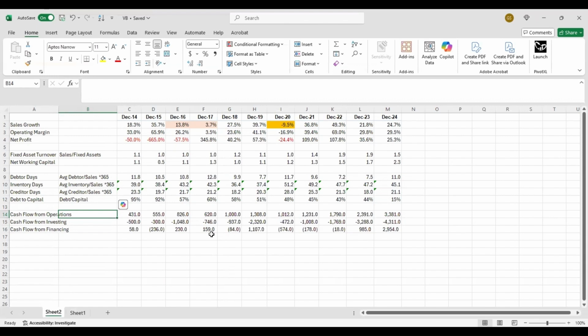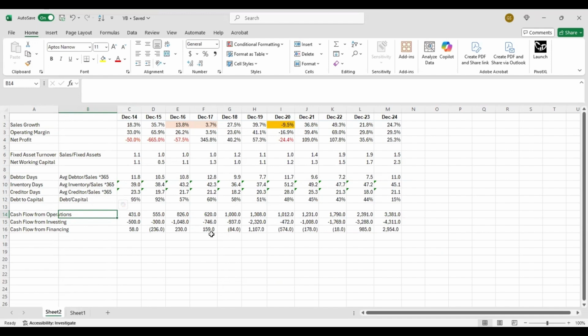So in an ideal world, I would expect this cash to increase over time, and I would also want this to be in line with the profit that I'm earning. So if the profit is growing, I would expect the cash flow from operations also to grow. Otherwise, it would suggest that most of the profit is from credit sales, and in case of credit sales, there is always a risk of recovery.